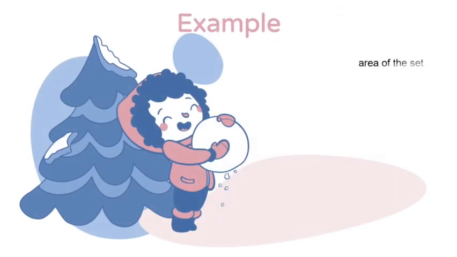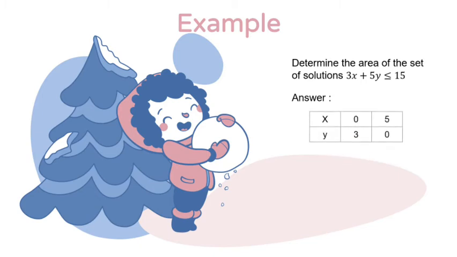For example, determine the solution set area of 3x plus 5y less than or equal to 15. First step, find the intercepts of x and y. If x equals 0, then y equals 3, and if y equals 0, then x equals 5.